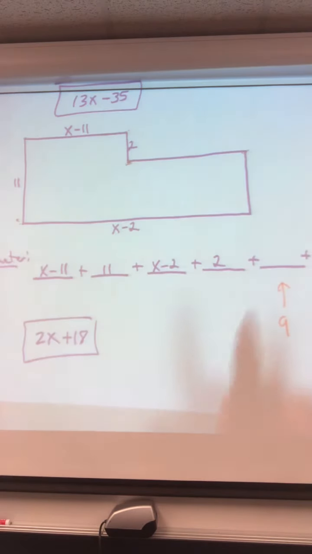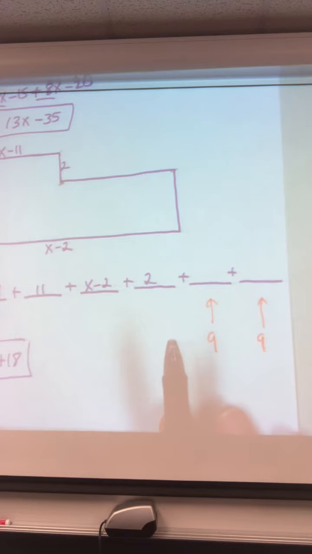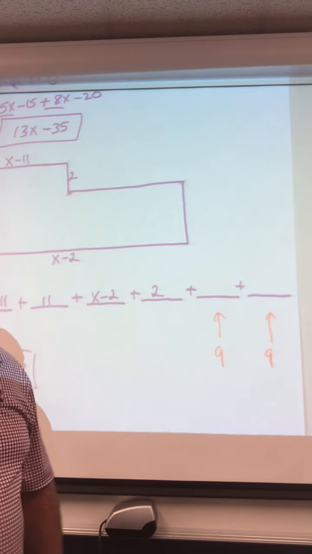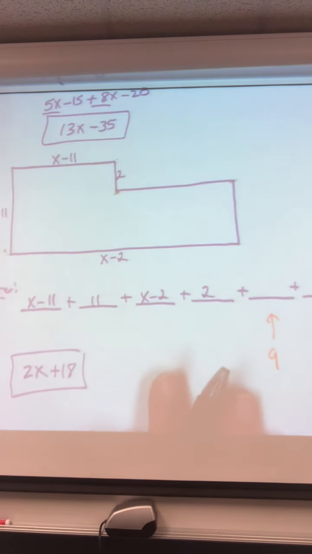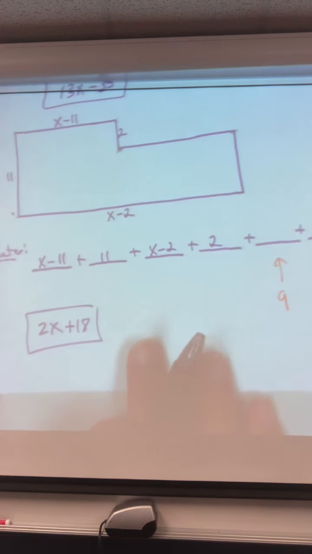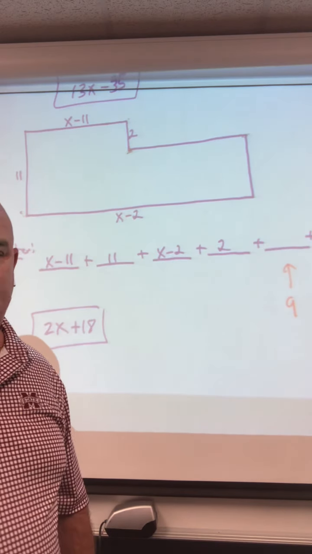So now I can go back to my original problem, and in the two blanks, I want to put 9s.